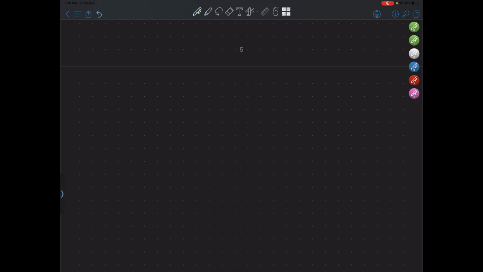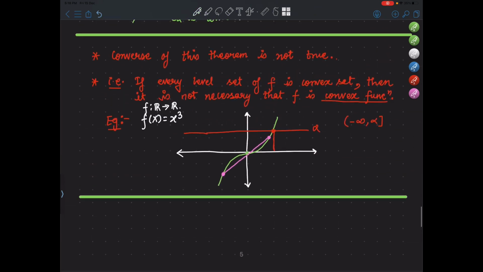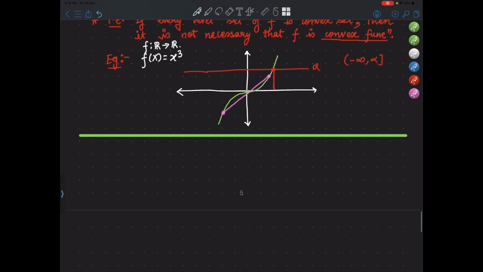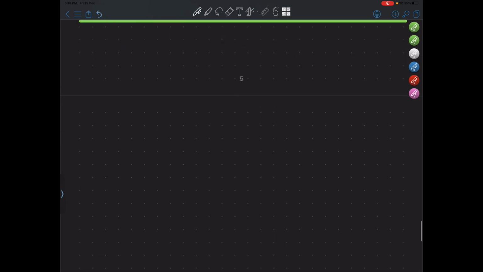So let's discuss some properties that can be related to this theorem. Before going on, let's define some sets such that h of x is less than or equal to 0.